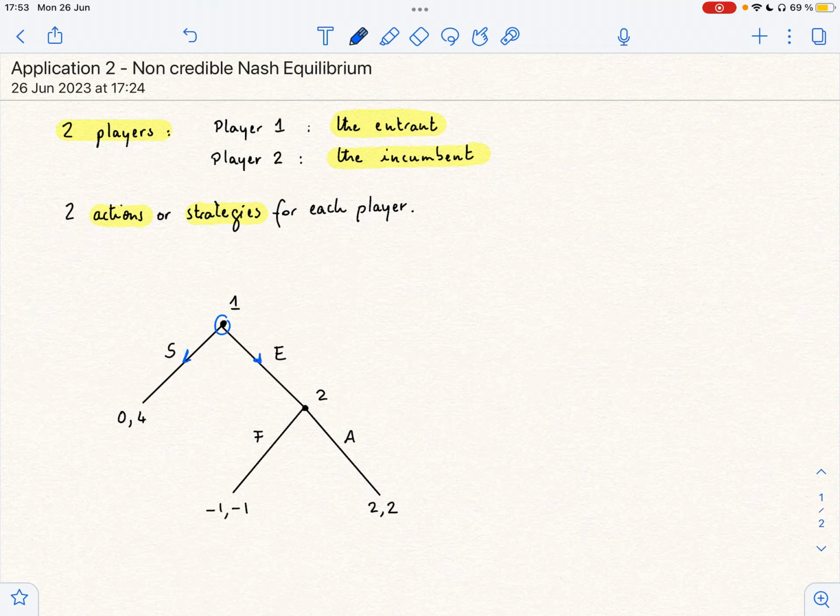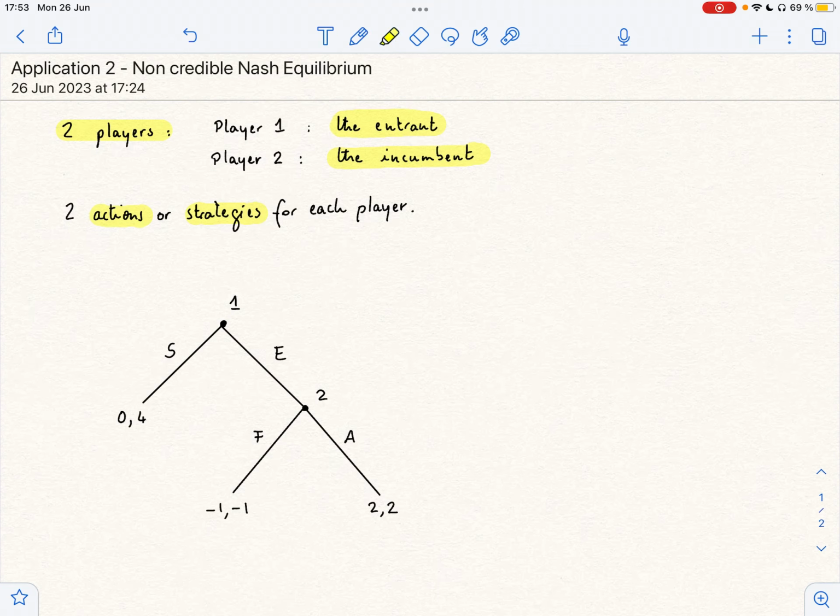If they enter on the market, only when they enter on the market is player two going to play, and player two can choose to either fight, denoted by F, or accommodate, denoted by A, right? So here again, this is the way we represent this simple game.